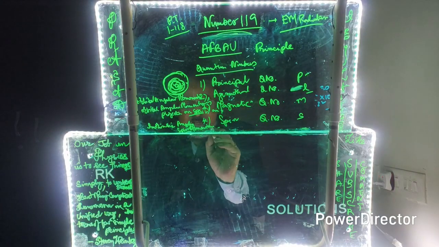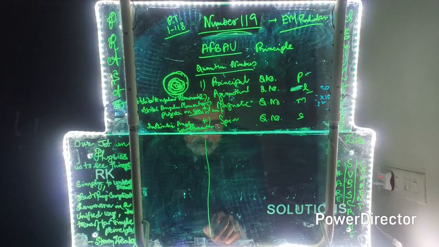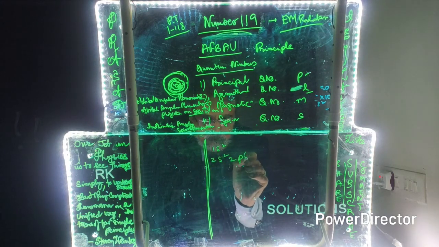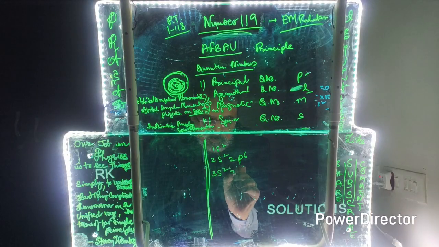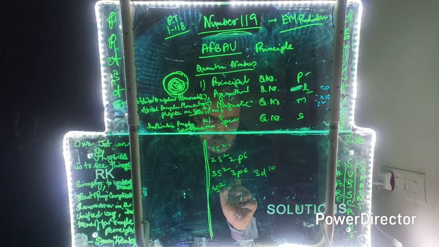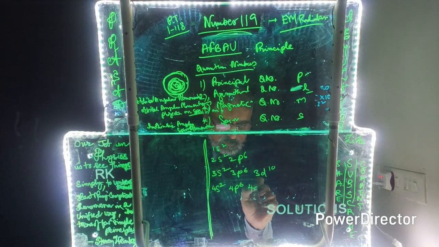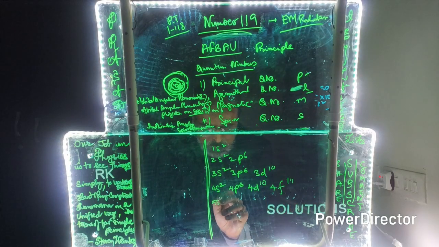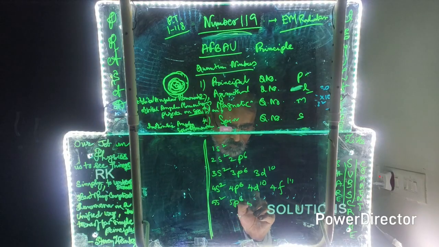So let us say the Aufbau principle says 1s2, 2s2, 2p6, 3s2, 3p6, 3d10, 4s2, 4p6, 4d10, 4f14, 5s2, 5p6, 5d10, 6s2, 6p6, 6d10.